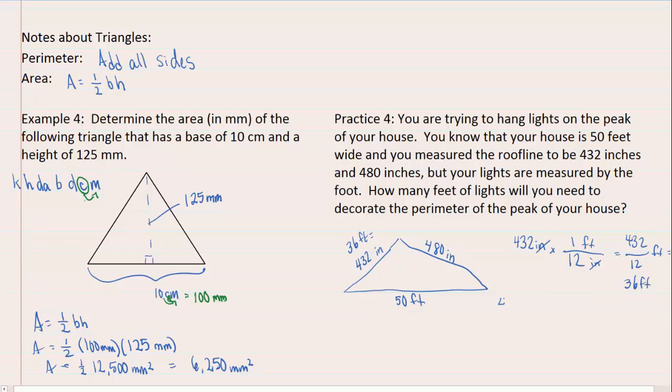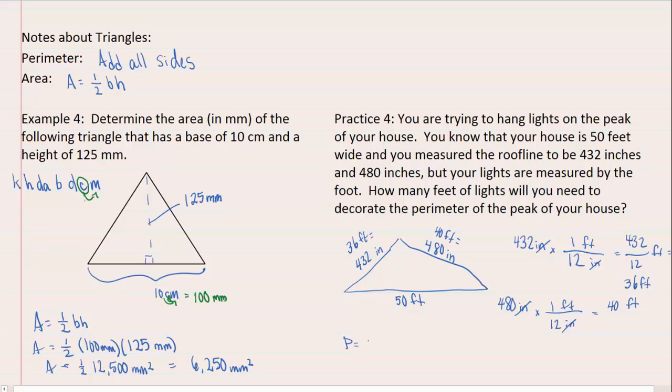Next, let's convert 480 inches. And we will use the same conversion factor since we are still converting between feet and inches. 480 divided by 12 is 40 feet. Therefore, 40 feet equals 480 inches.